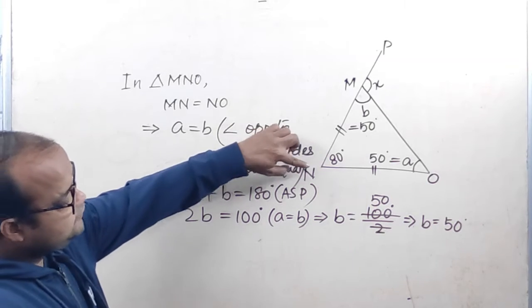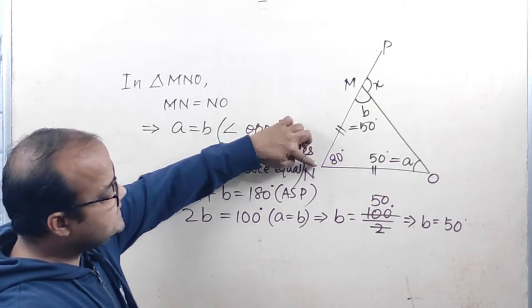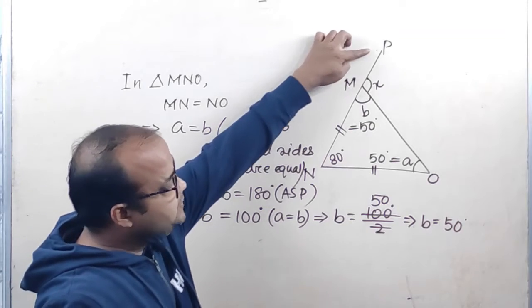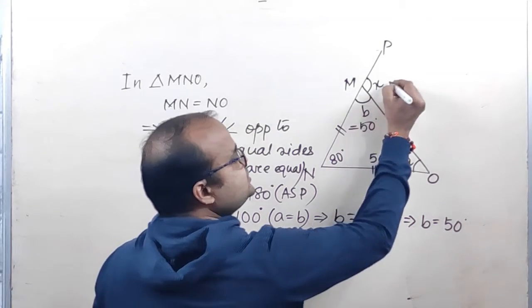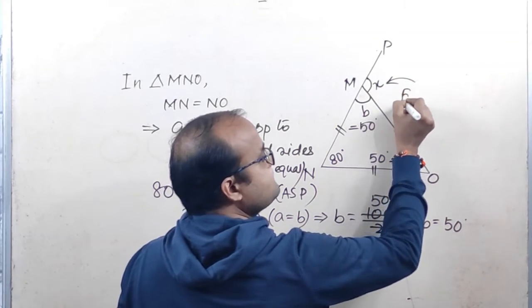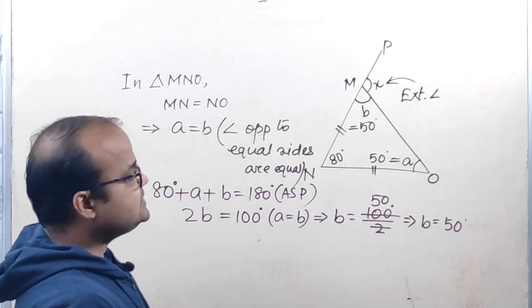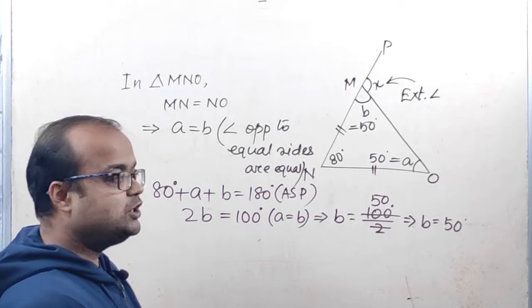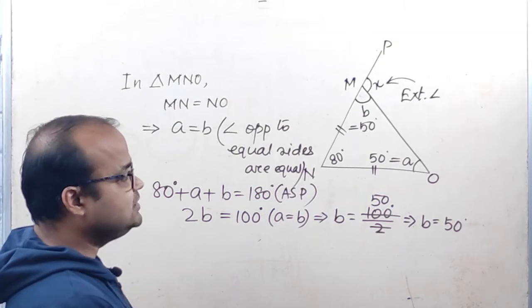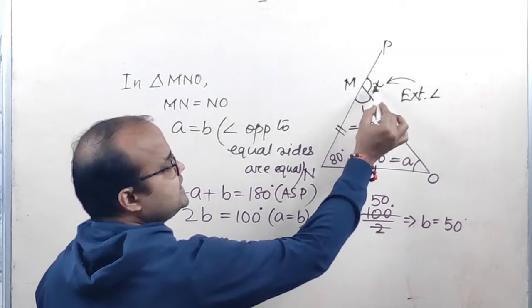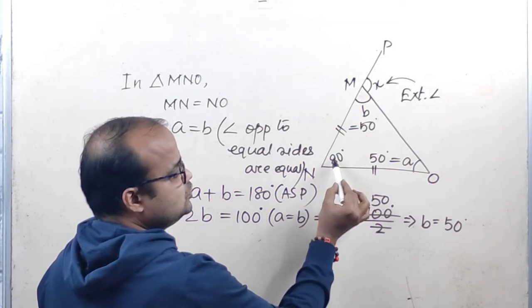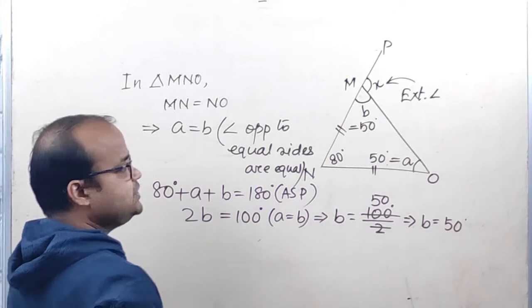Now if you extend the side NM to P, this is an external angle. And we know that external angle is equal to the sum of internal opposite angles. So you can say that X equals 80 plus 50.